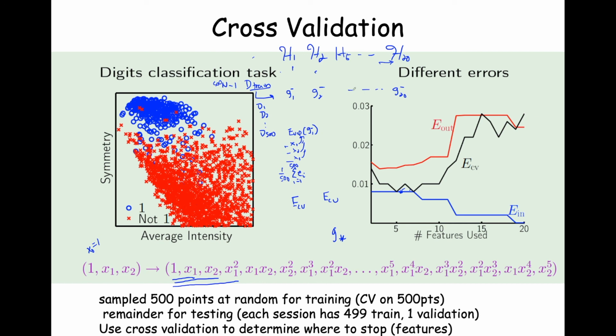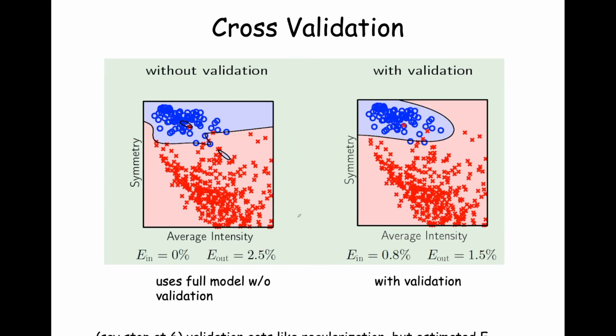So we're going to get 20 of these limited final best hypotheses, and we're going to use cross-validation error instead of validation error to select which one is the best. Okay? All right. So when we do this, we notice that we stop at about 5 or 6.